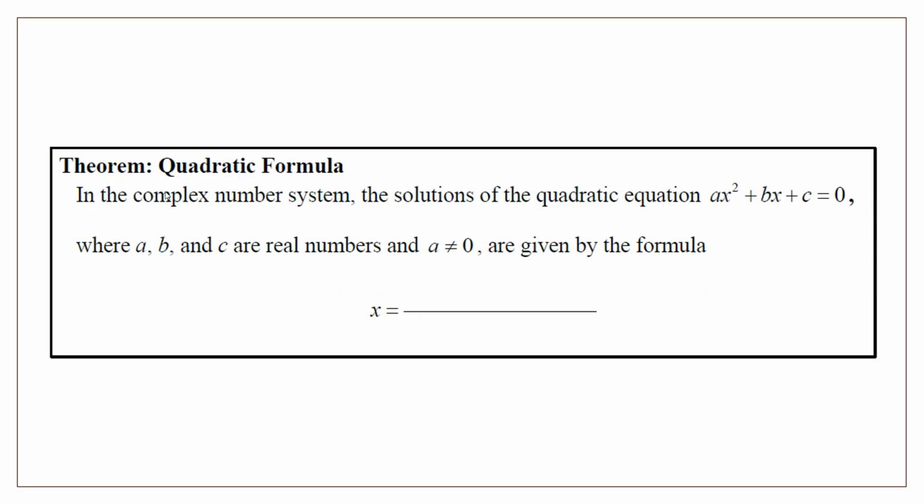So, in the complex number system, the solutions of the quadratic equation ax squared plus bx plus c equals 0, where a, b, and c are real numbers, and a does not equal 0, are given by the following formula. x equals negative b plus or minus the square root of b squared minus 4ac all over 2a.